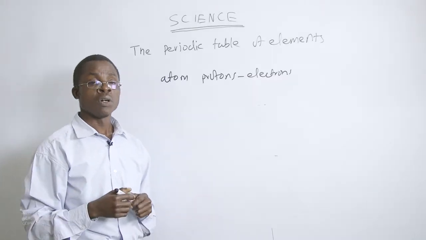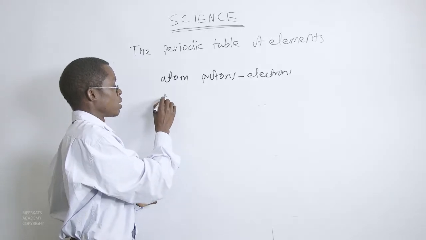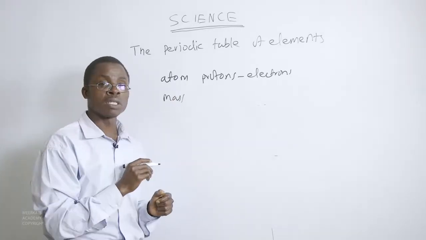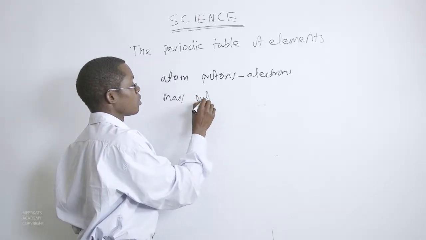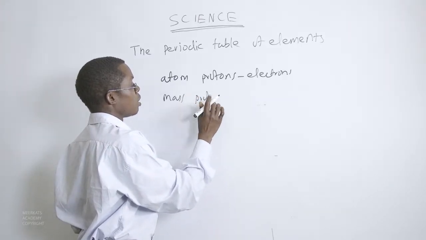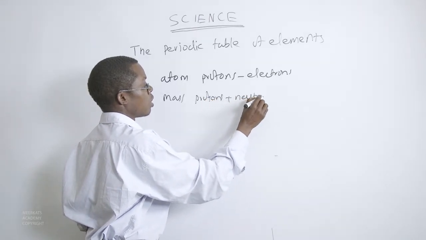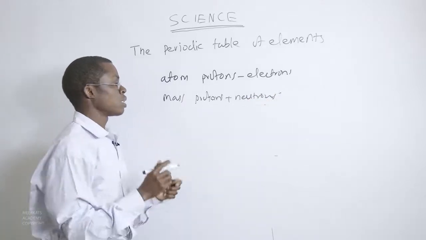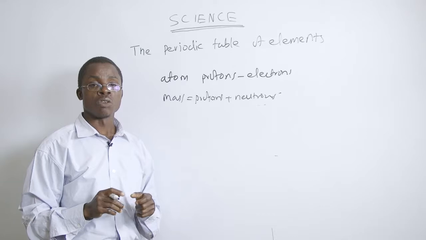We also saw that each atom has a mass, and to get the mass, it is just protons plus neutrons. Mass is equal to protons plus neutrons.